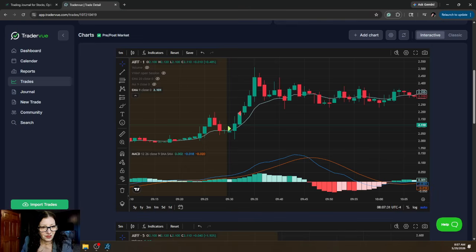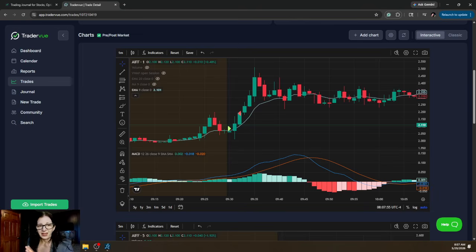A lot of times you will see prices hit that point because a lot of traders are seeing that 9 EMA as a place of support for the price action. If it's already above the 9 EMA, they're seeing it as support. If it's below the 9 EMA, they're seeing it possibly as resistance, okay?